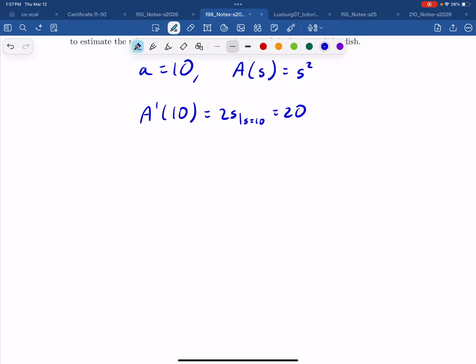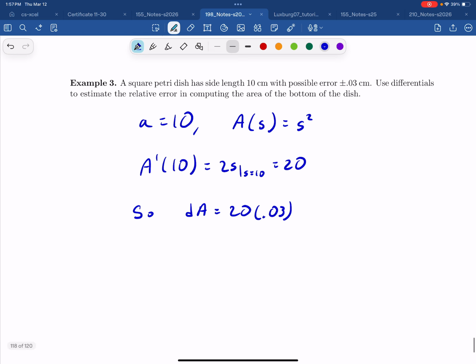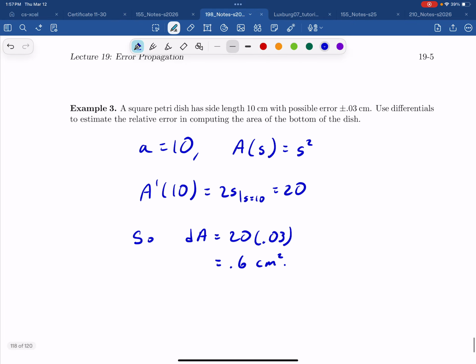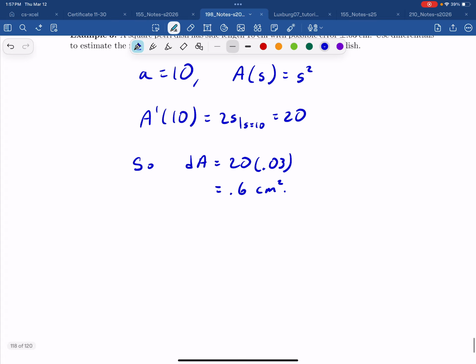And so dA equals 20 times, what did they say the error was? 0.03. And this just winds up being 0.6 centimeters squared. Okay. Right, I got that right. So we get that.